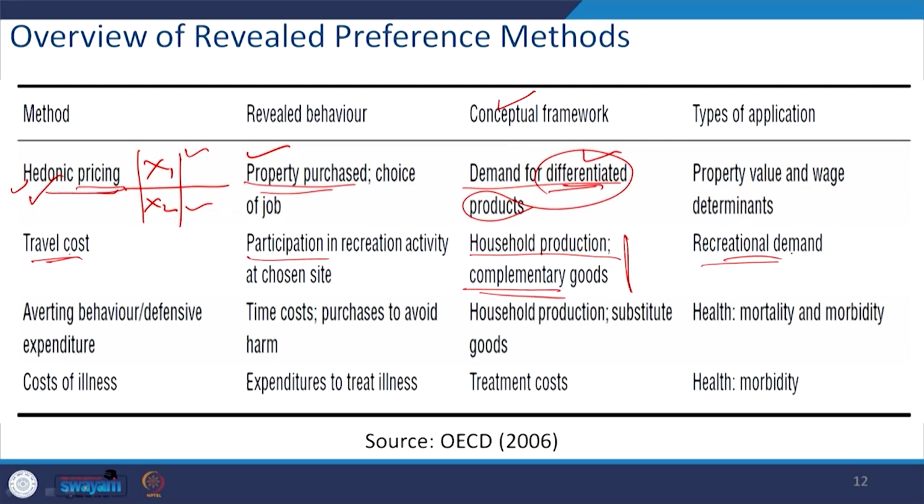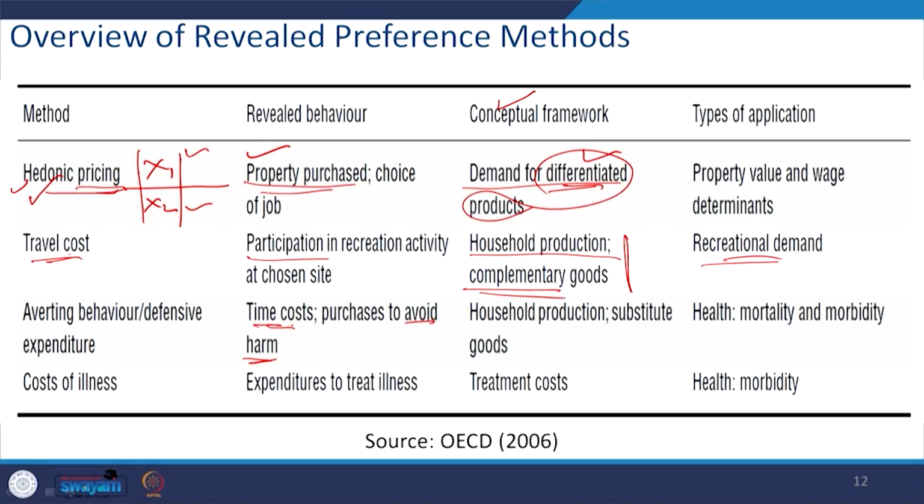The third approach of the revealed preference method is the averting behavior approach, that is, the defensive expenditure approach, where the behavior of individuals is revealed in terms of what kinds of goods and services consumers purchase in order to avoid negative effects or any types of harm, or to take into account the importance of time costs.